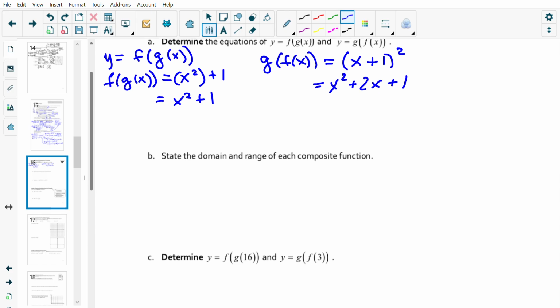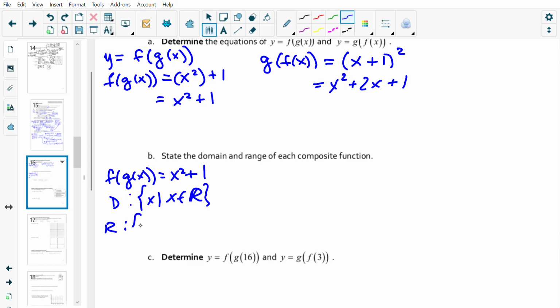State the domain and range of each composite function. So my domain is all real numbers for x, and my range is y is greater than or equal to 1.